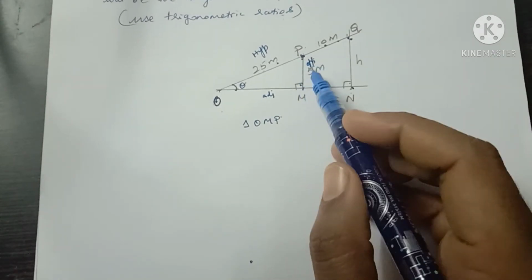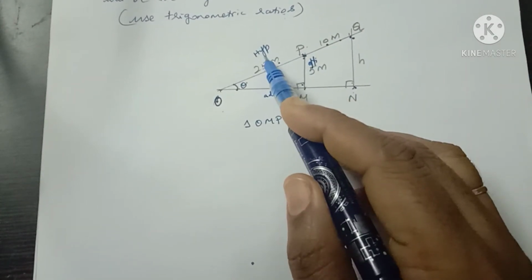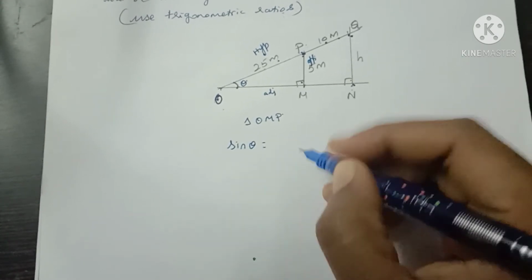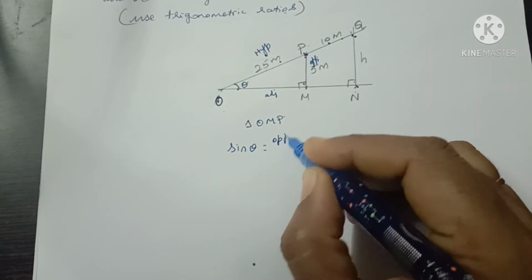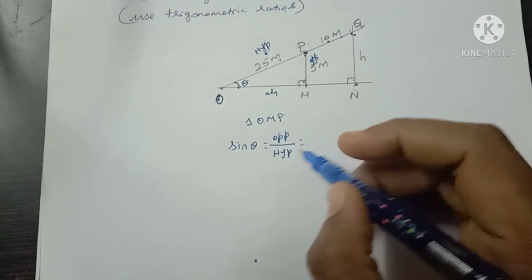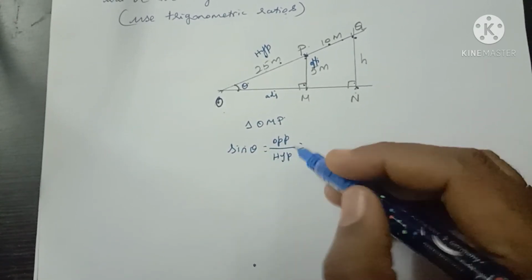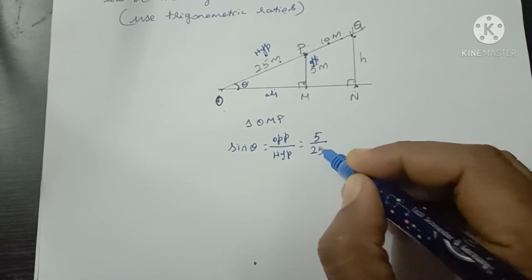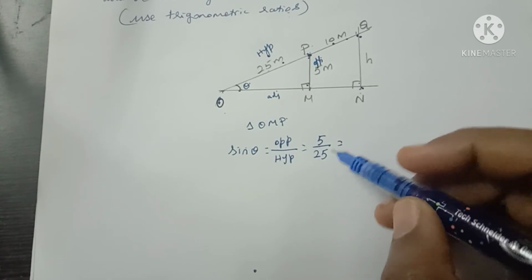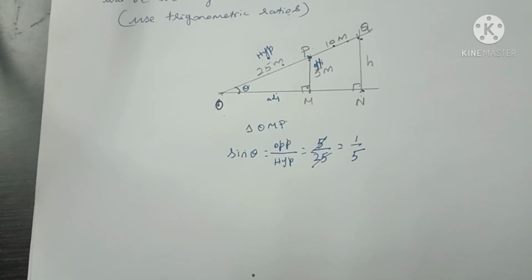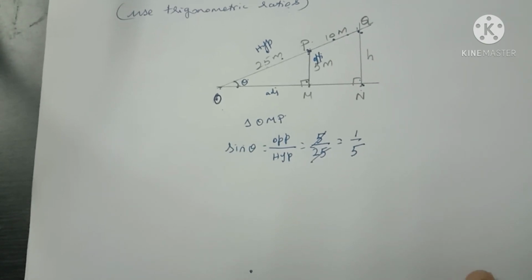If you see here, they given the opposite and hypo value. That is sine theta, you know very well, sine theta is opposite by hypo. So they given the value of sine theta, that is 5 by 25, which is equal to 1 by 5.